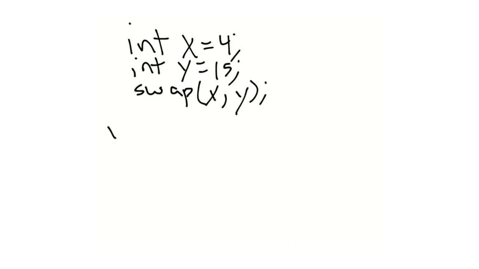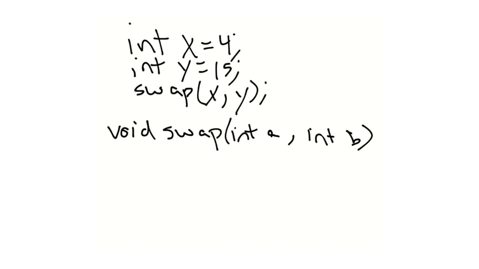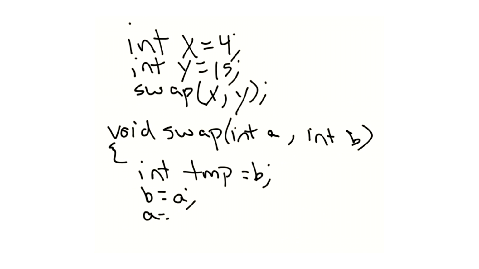Without pointers, we might try something like void swap(int a, int b) { int temp = b; b = a; a = temp; }. But do you notice the problem with this?